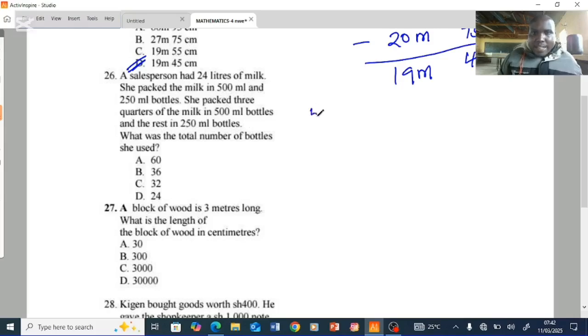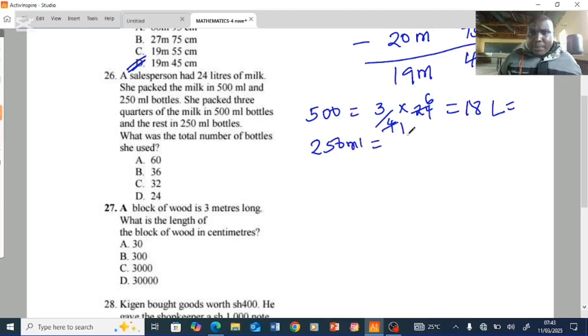So 500 will be equal to 3 over 4 of the 24. So this one here, this is 6. So you have 18 liters packed in 500 ml. So the remaining 250 ml, the liters were 6 liters. So 6 plus this, 24.